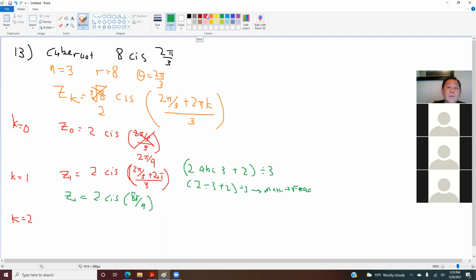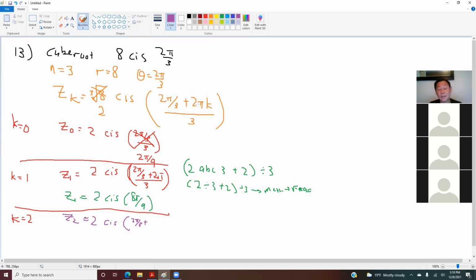For k equals 2, you just do the same thing. So for k equals 2, you just replace k with 2 here. So you got Z2, 2 CIS 2 pi over 3. Now, because your k is 2, 2 pi times 2 gives us 4 pi, all over 3.